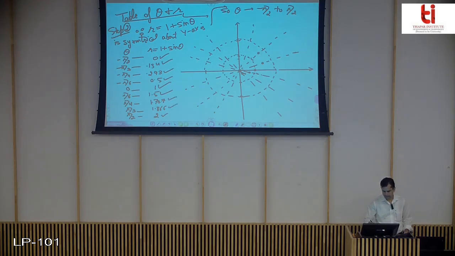Pi by 3, the 60 ray is here, r is 1.86, somewhere here. And then pi by 2, r is 2, it is here.